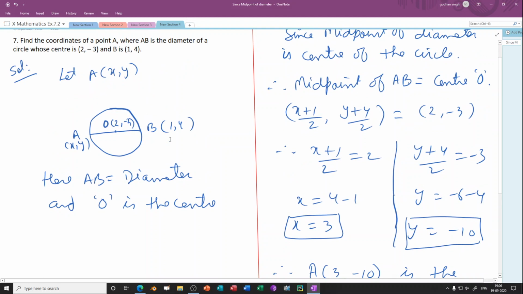What we have to use is simply that the midpoint of a diameter is always the center of the circle. If instead of a diameter any other chord had been given, it would not have been possible for us to find the solution. So this is complete here.